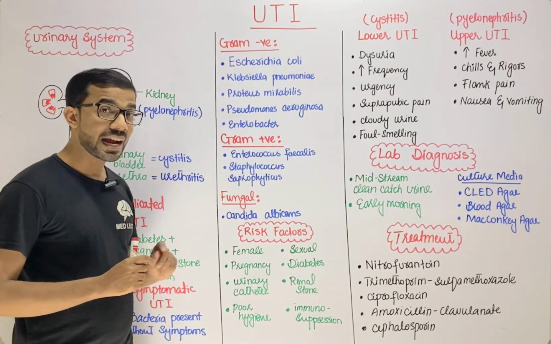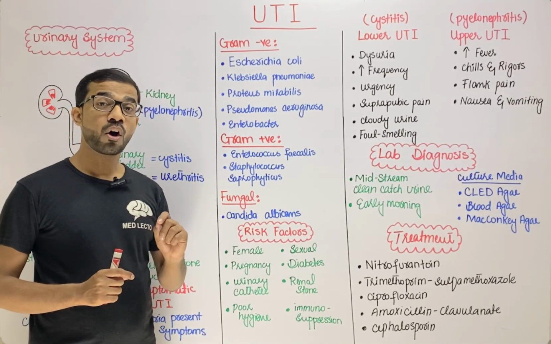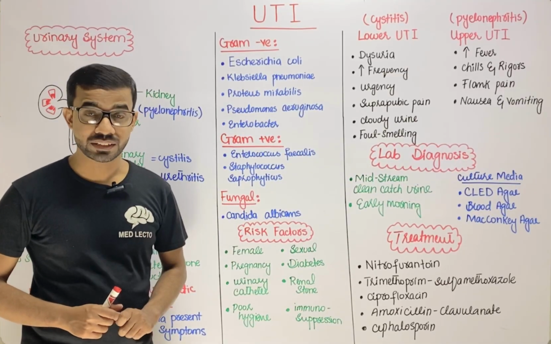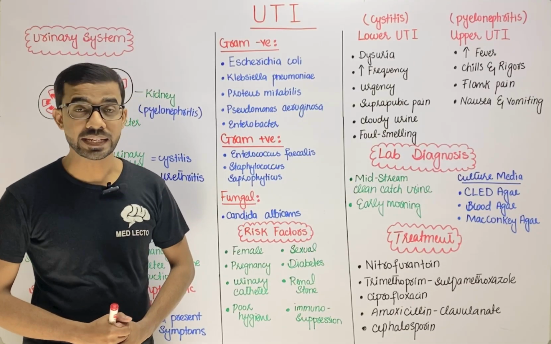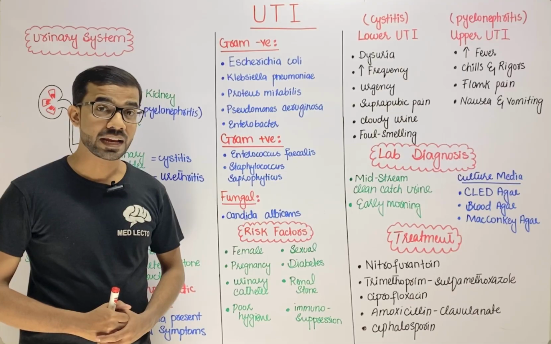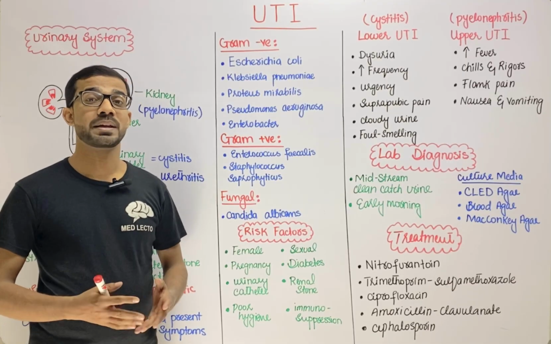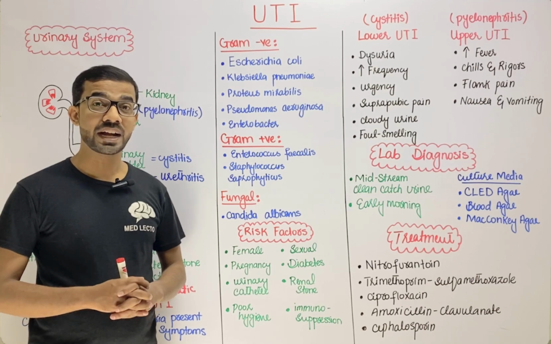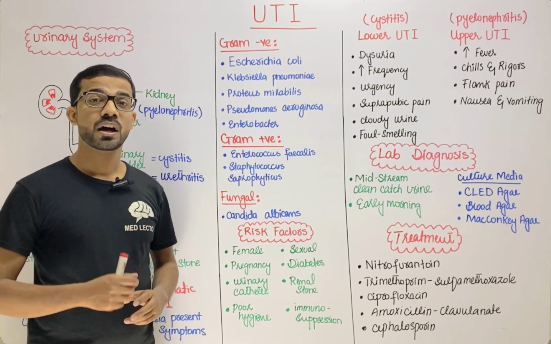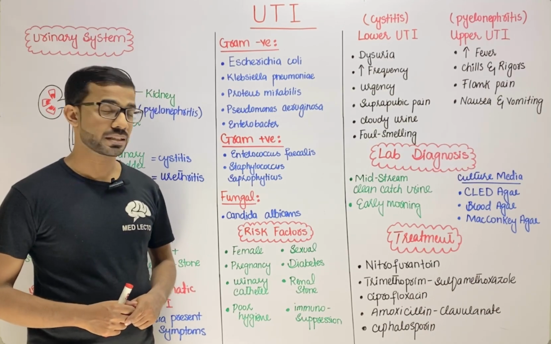So due to the anatomy and close proximity, chances of UTI are high in the female as compared to the male, because the male has a penis, so bacteria find difficulty in entering through the penis.